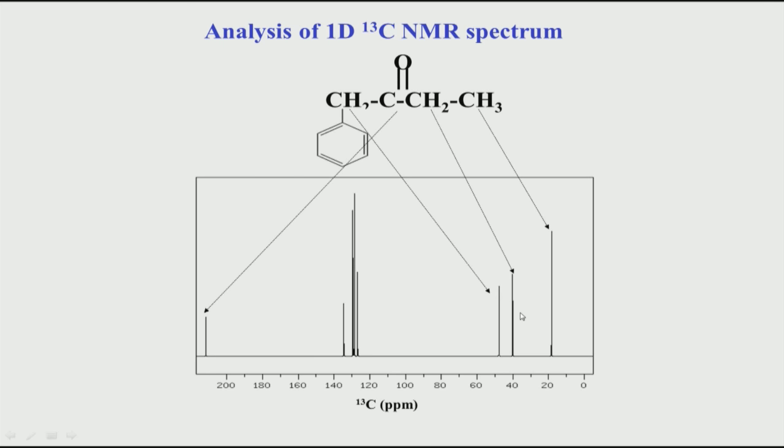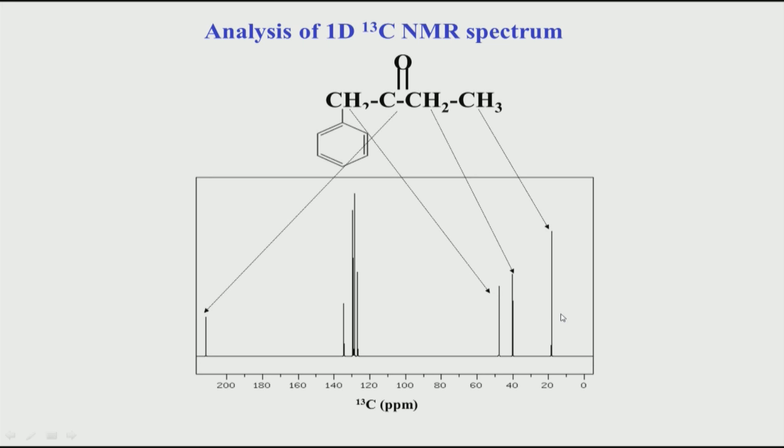So, you see by this kind of logic, typically you can assign the carbon chemical shifts, and we rarely record the coupled spectrum. Usually it is always the decoupled spectrum, and therefore it is just based on qualitative aspects. Of course, remember we saw that we do not get multiplicity from 1D carbon.